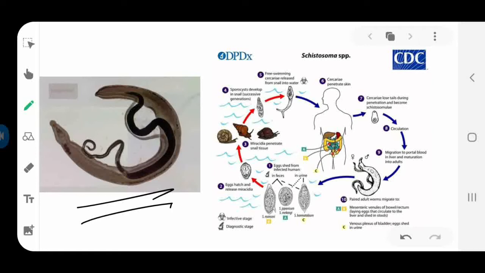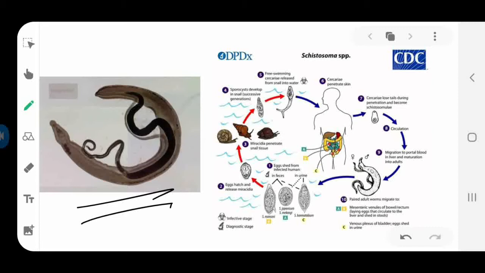Some eggs penetrate the intestinal or bladder mucosa and are passed in stool or urine. Others remain within the host organ or are transported through the portal system to the liver, occasionally to other sites, for example lungs, central nervous system, spinal cord, etc.